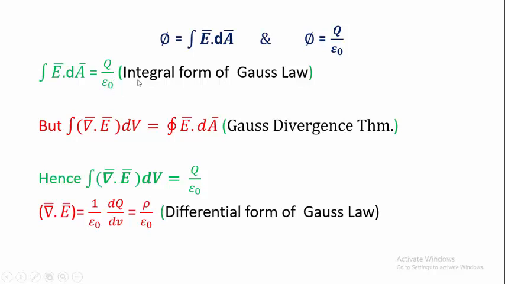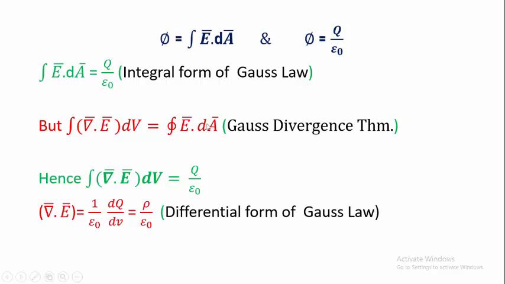This is called as integral form of Gauss law, because integral is involved on the left hand side. We can modify this Gauss law using Gauss divergence theorem. We have already seen the Gauss divergence theorem involves divergence and volume integral relates with the area integral.